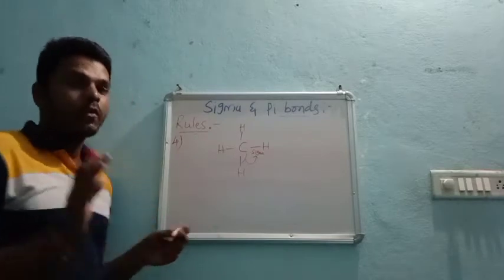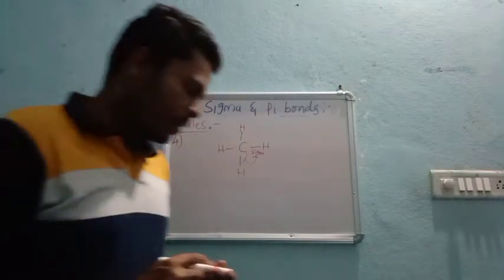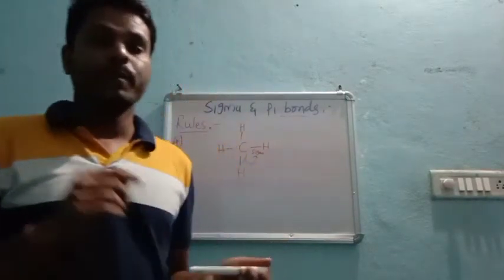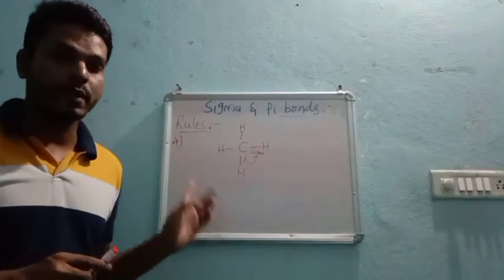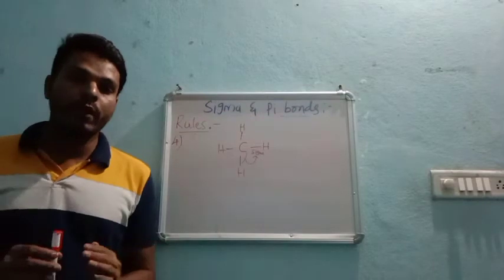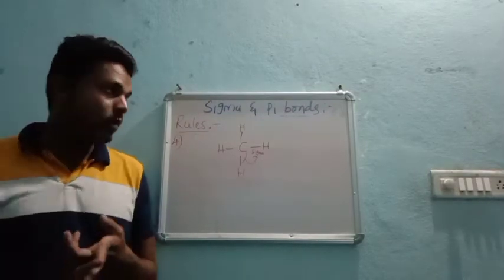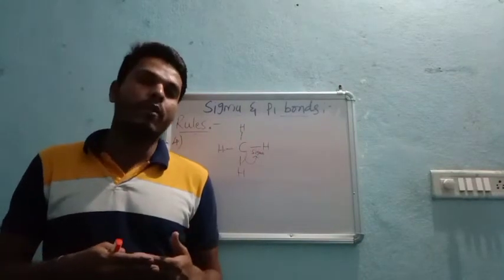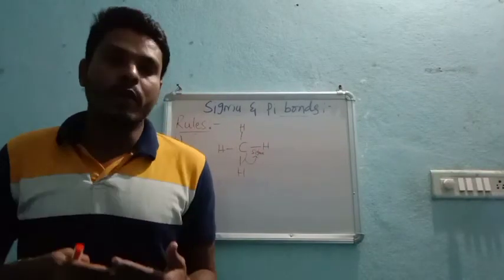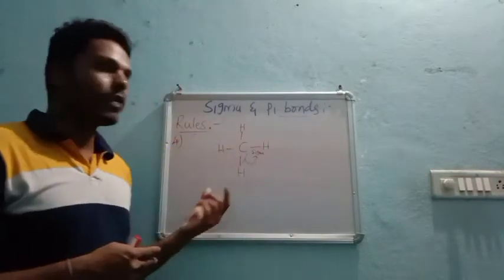I repeat, the first rule is about single bonds. If a single bond is present between any two atoms, then definitely that bond will always be a sigma bond. The second rule is about double bonds. If a double bond is present, then one will be sigma and the other will be pi.